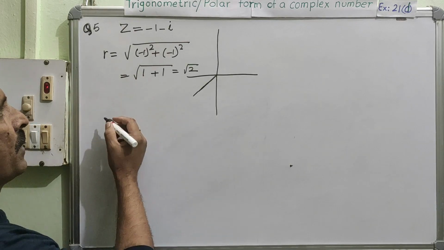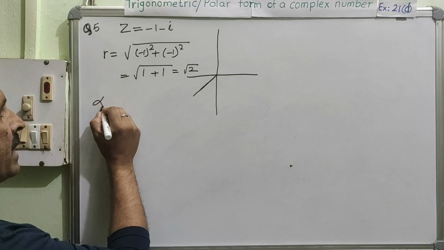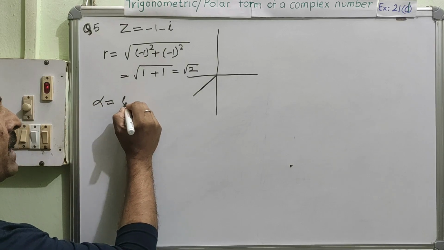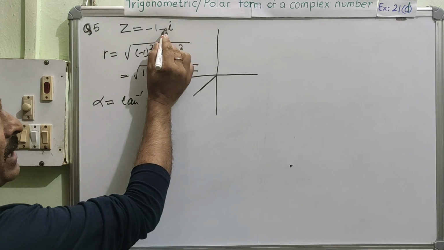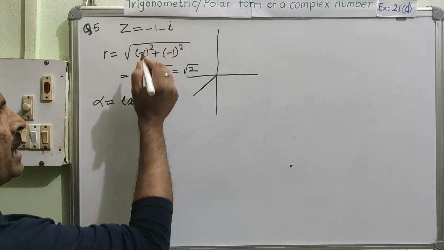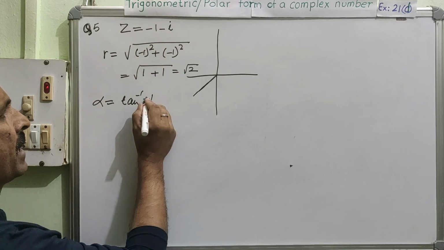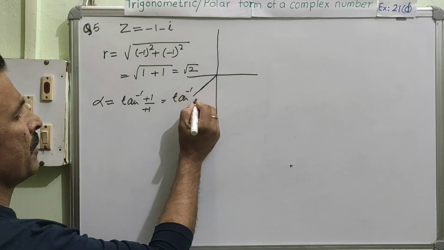Now we are going to first find the acute angle. The acute angle is alpha. Alpha is equal to tan inverse of y over x. Y is the coefficient of i, that is -1, and x, the coefficient of the real number, is -1. So the minus is cancelled, this is 1. So this is equal to tan inverse 1.